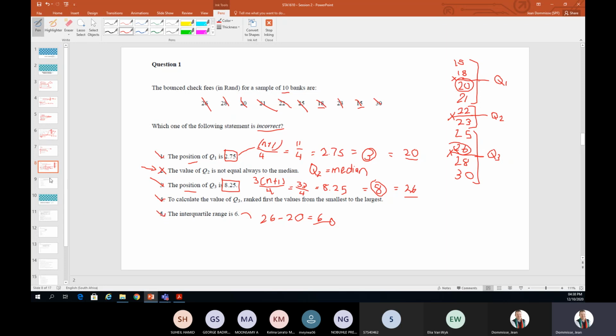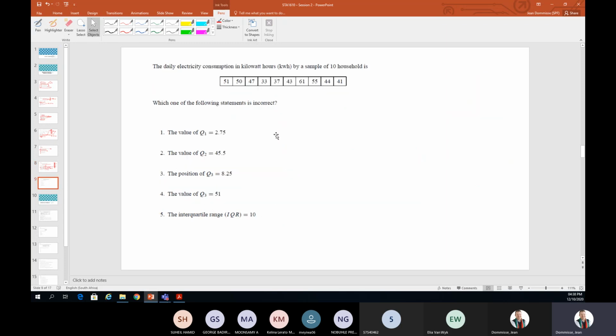Okay, so let's look at another one on that and see if we can again get that. So again, we have 10 households, so the sample is again 10.